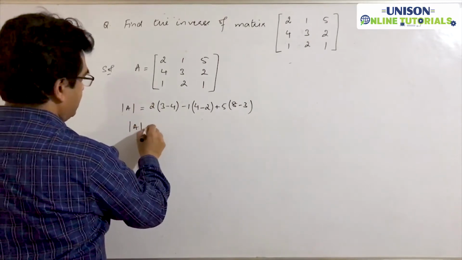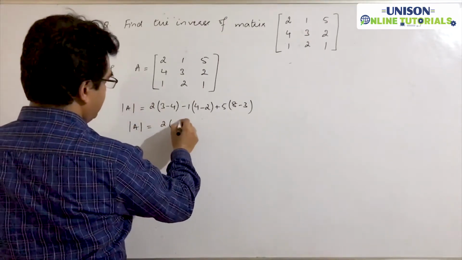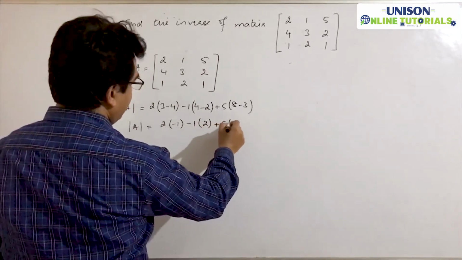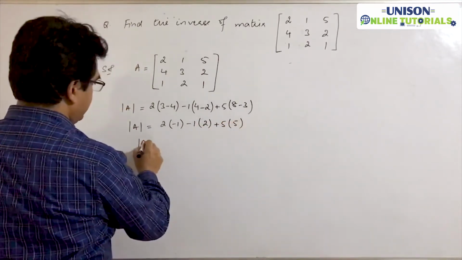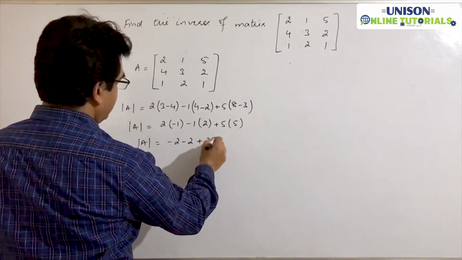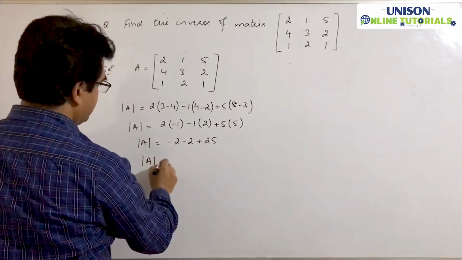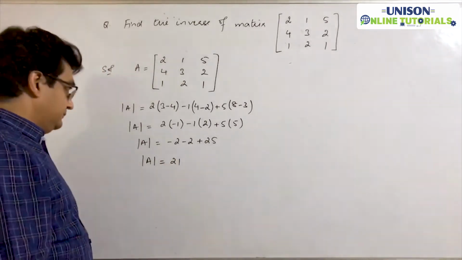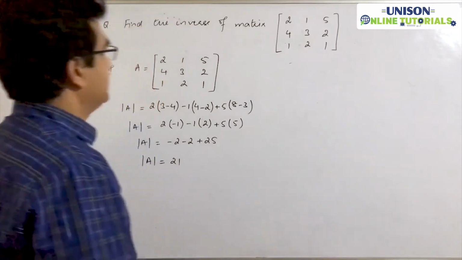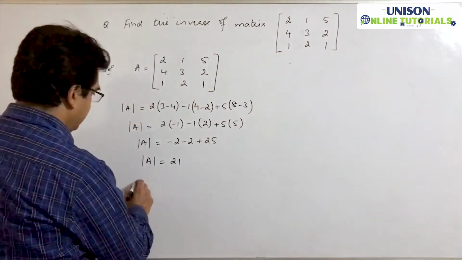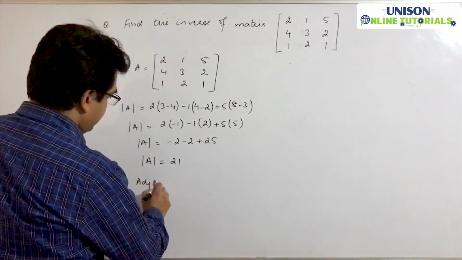So this is equal to 2 into minus 1, minus 1 into 2, plus 5 into 5, which is equal to minus 2 minus 2 plus 25. So determinant A is equal to 21, which is not equal to 0. Therefore A inverse exists.